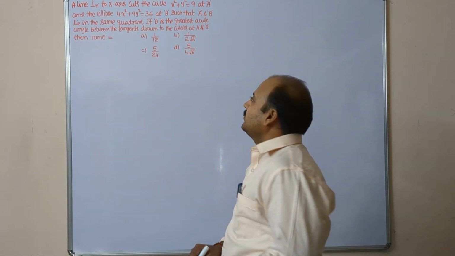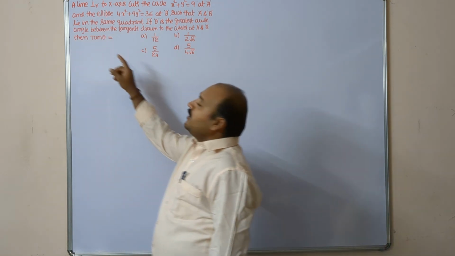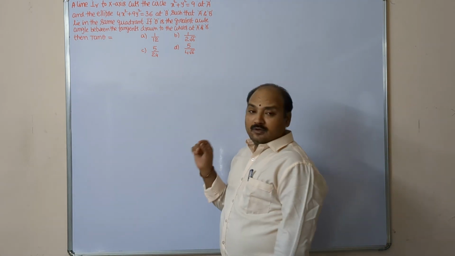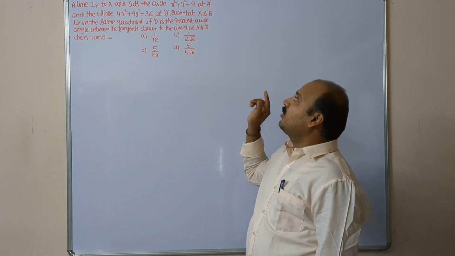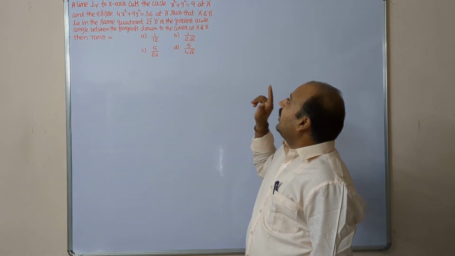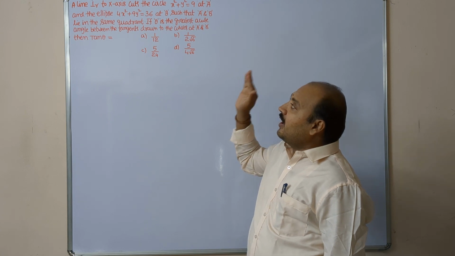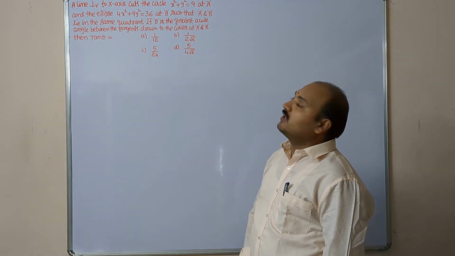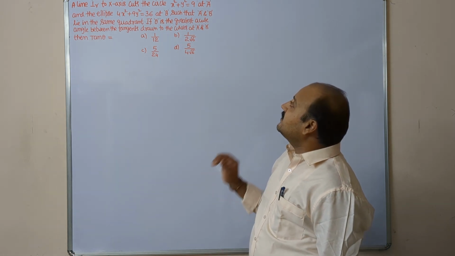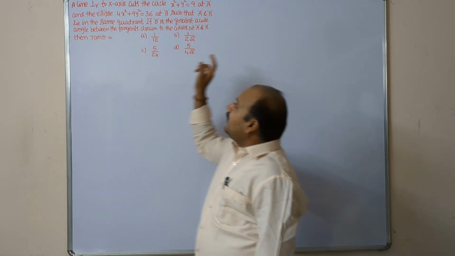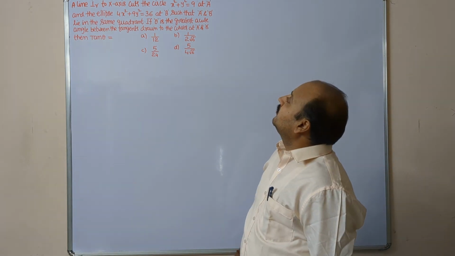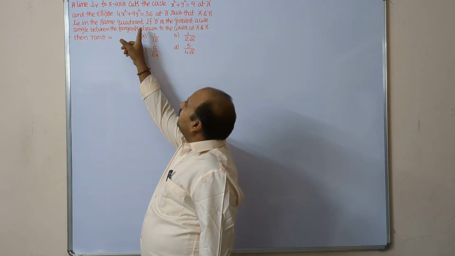The next question. A line perpendicular to x-axis cuts the circle x square plus y square equal to 9 at A and the ellipse 4x square plus 9y square equal to 36 at B such that A and B lie in the same quadrant.